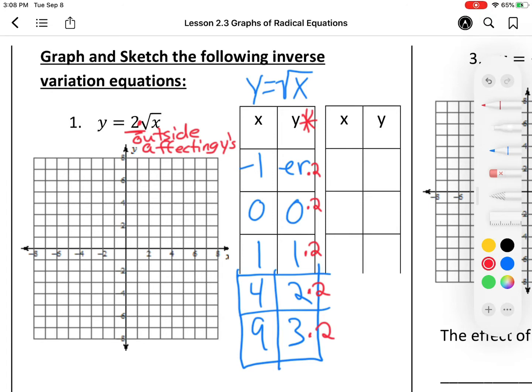So that means our new equation, which is y equals 2 times square root of x, gives us error, because error times 2 is just error. 0 times 2 is still 0. 2 times 1 is 2. 2 times 2 is 4. And 3 times 2 is 6.